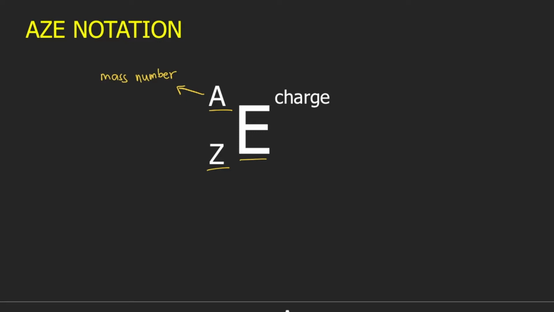Again, mass number is equal to the number of protons plus the number of neutrons. Z is the atomic number, and the atomic number is also equal to the number of protons. E stands for the element, or the symbol of the element.